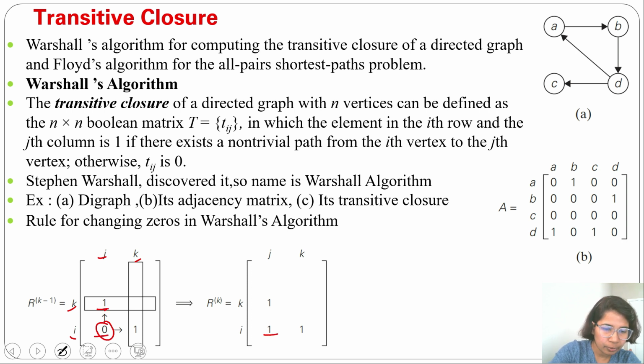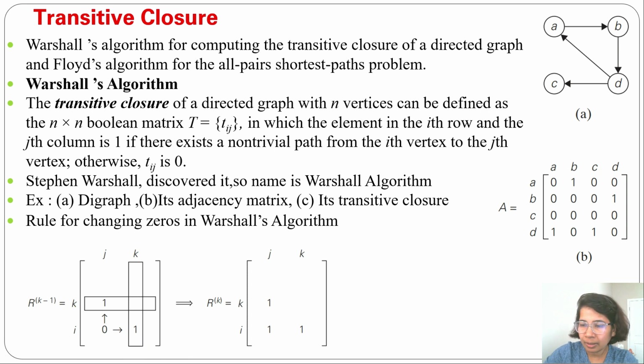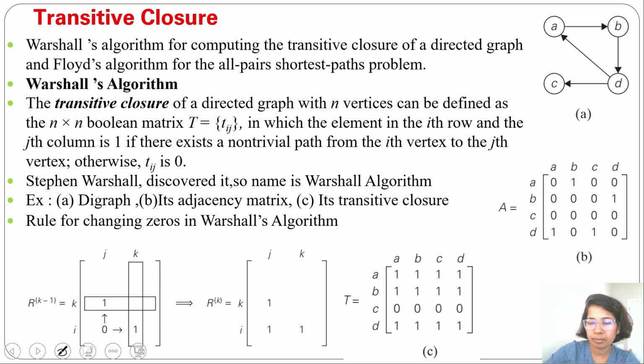If these two positions are 1, then the corner 0 will change to 1. Here D to A is 1, A to B is 1. So D to B will be 1 via A. This is the corner 0, so this will change to 1. So for this adjacency matrix, the transitive closure will be this, where all A rows are 1, B rows are 1, D rows are 1.